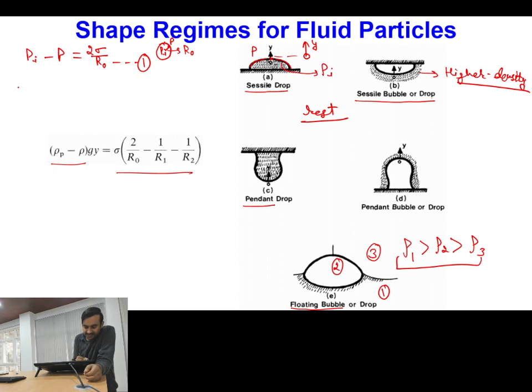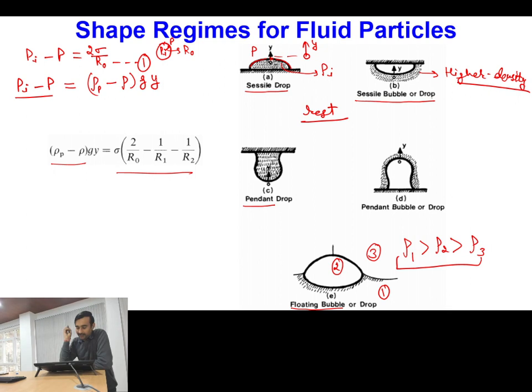So this Pi minus P is coming from the hydrostatic portion. So let me write Pi minus P as nothing but the density of the particle minus the density of the surrounding fluid, multiplied by g into y.